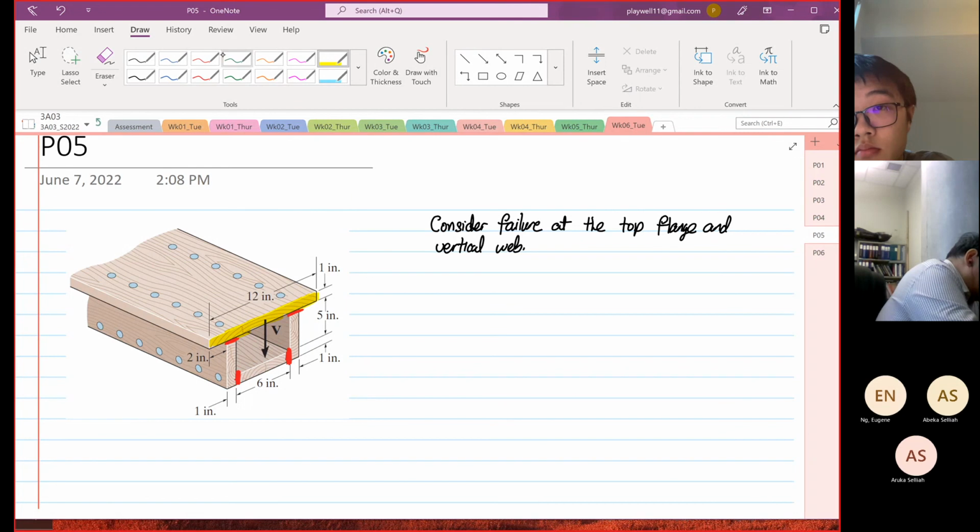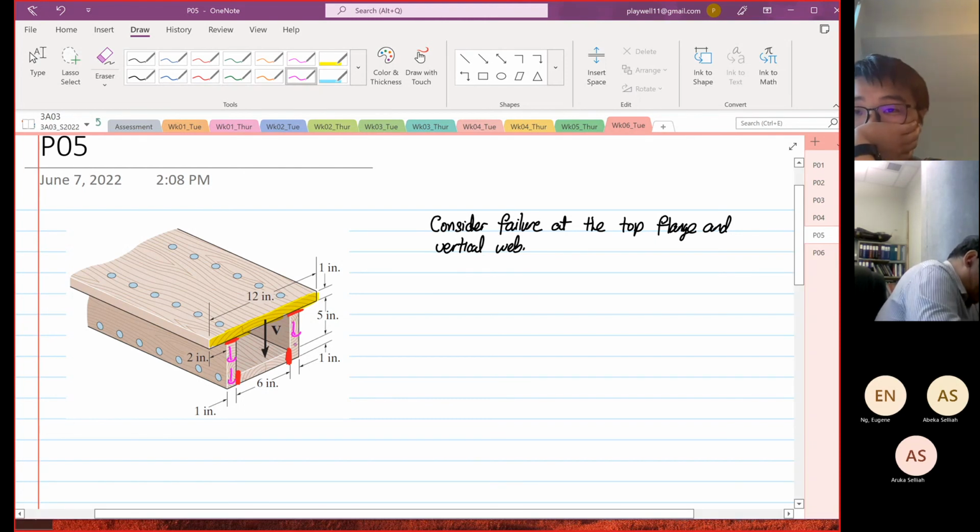Why is that? Because you have a Q coming down. You have the force coming down here, V, so you have the shear flow. If we were to sketch the shear flow, we know that this is the q, and then it will come this way, and then it will come down here. So this is point 1, point 2, point 3.